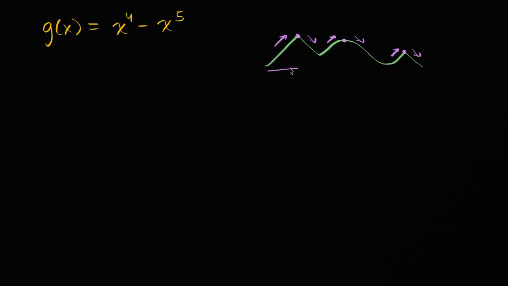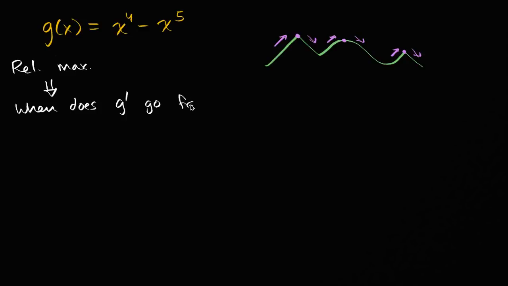So if you look at this interval right over here, g prime is greater than 0. And then over the next interval, when you're decreasing, g prime would be less than 0. So what we really need to think about is, since we care about relative maximum points, when does g prime go from positive to negative?